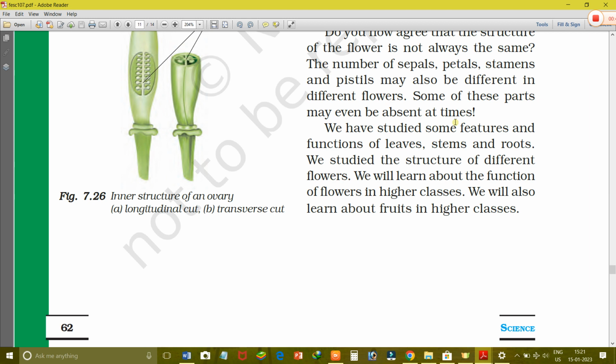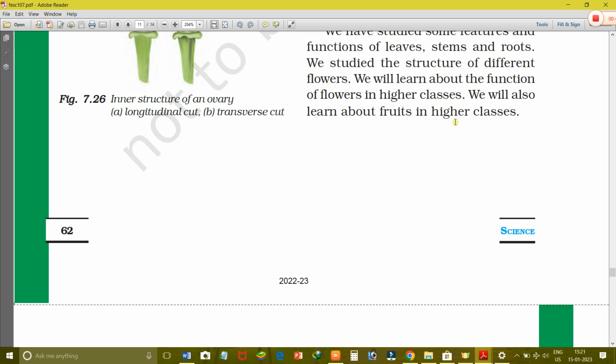We have studied some features and functions of the leaves and root. We studied the structure of different flowers. We will learn about the functions of the flower in higher classes. We will also learn about fruit in higher classes.